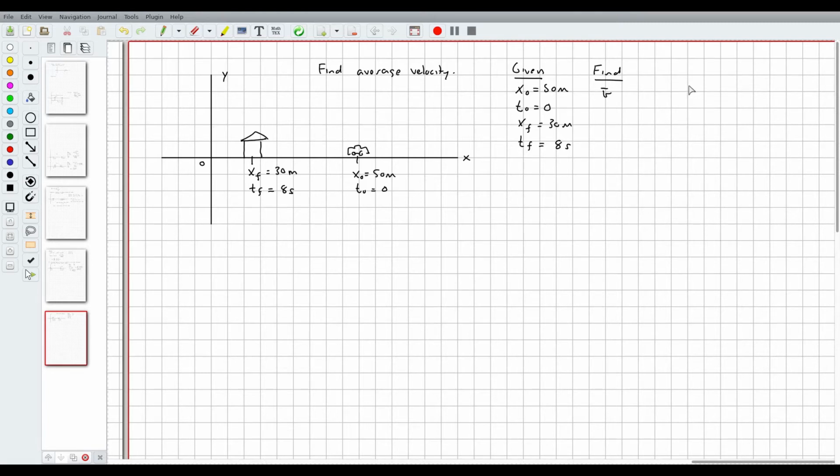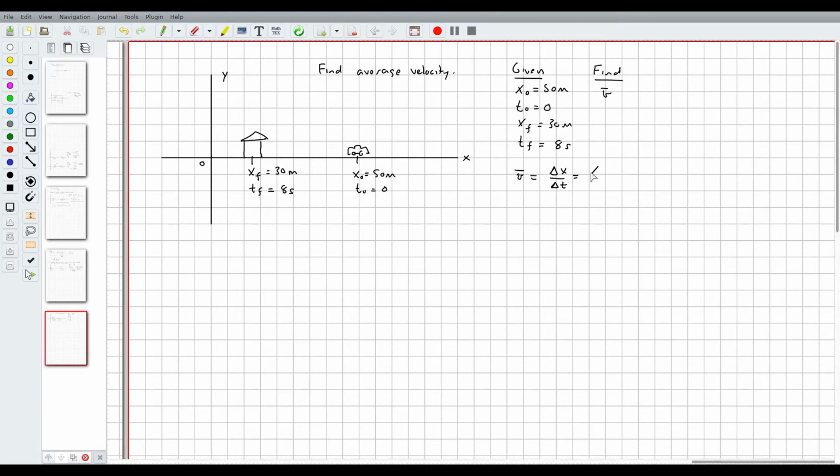So look what I've done here. I've drawn a picture. I've labeled my picture with the information that I've been given. I know I'm trying to find this, so I write down the things that I've been given. I write down what I'm trying to find, and then I ask myself, what equations do I know of that we've talked about that would allow me to solve this? And the only one that we really know of right now is this one right here.